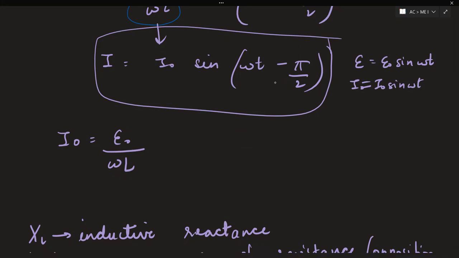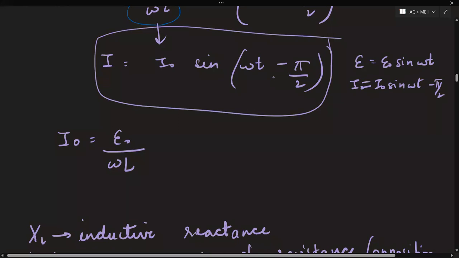But here some additional component is getting added. Yes, Ahmed, perfect, that is pi by 2. In case of inductors, you can see the minus pi by 2 is there. It means the current is lagging by pi by 2. If it was leading, it would have been plus pi by 2.